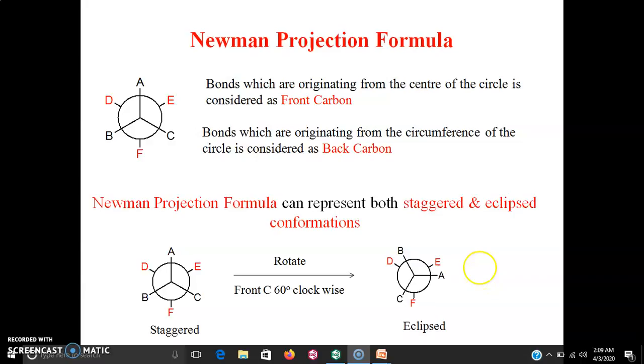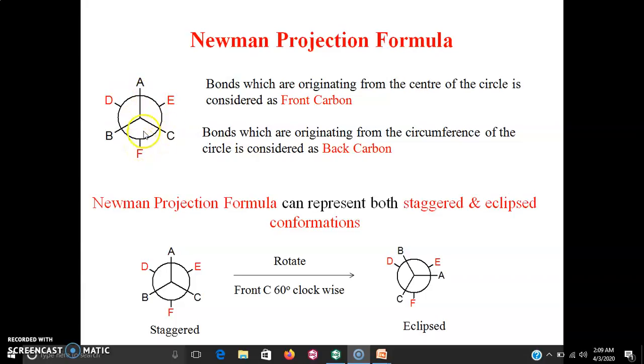And next we consider another method, the Newman projection formula. Here we have only one circle. The bonds which originate from the center of the circle are considered as the front carbon. This is the front carbon. And the bonds which originate from the circumference of the circle are considered as the back carbon, the rear carbon. So this is the back carbon.